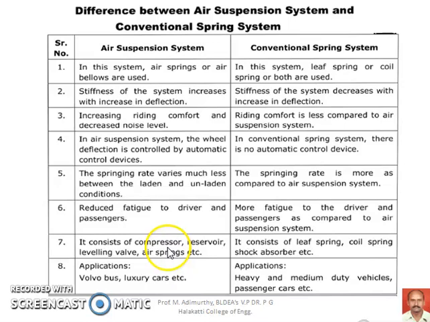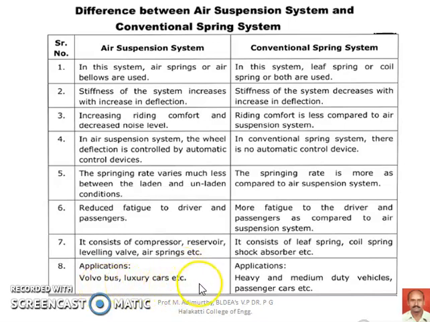Air suspension system consists of an air compressor, reservoir or accumulator, leveling valves, air springs, and the hoses connecting these various devices, whereas the conventional system consists of leaf spring, coil spring, shock absorber, etc. As discussed in the earlier class, the air suspension system is used in luxury vehicles and luxury cars, such as a Volvo bus, for example.